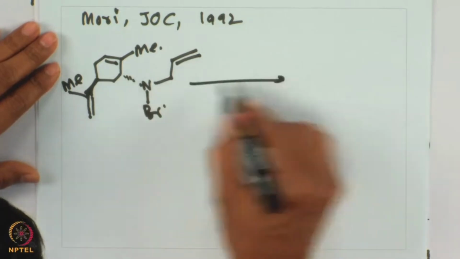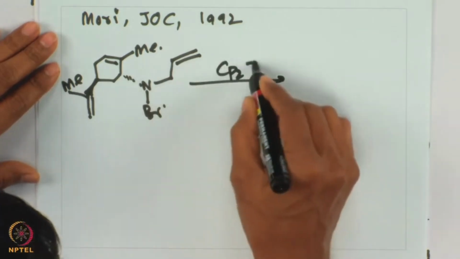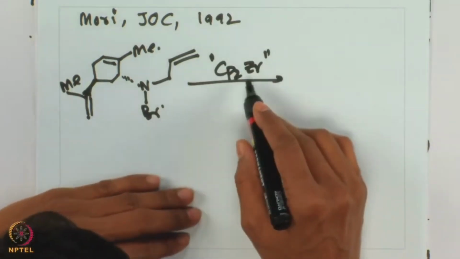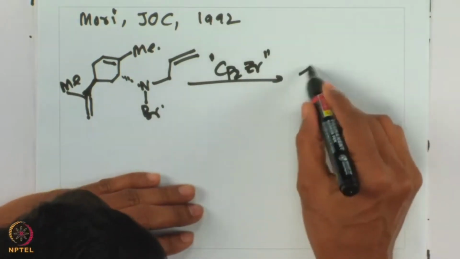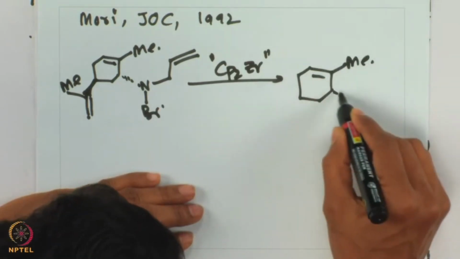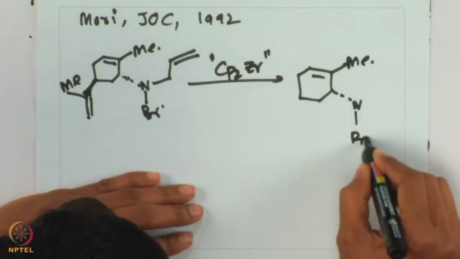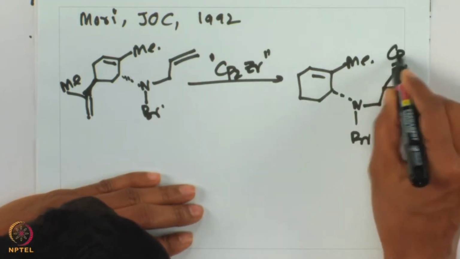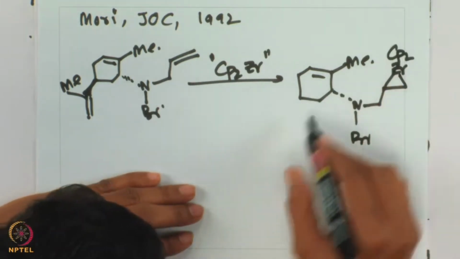Obviously, this is the one which is more reactive and it would be reacting with the dicyclopentadienyl zirconium intermediate as one would expect. Subsequently, we will get the cyclized intermediate. From there on we can have this zirconium Cp2 cyclized cyclopropane type of intermediate.